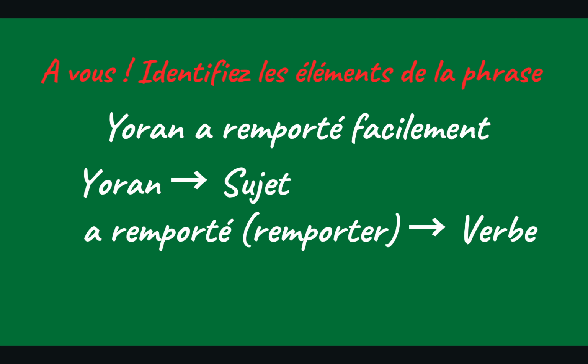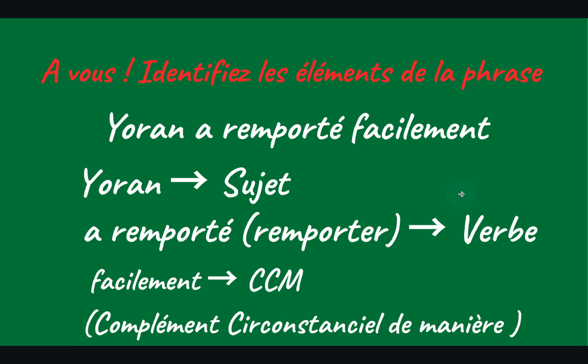But this adverb, what is it answering, facilement? It is answering the question how, comment. How does he win? Et facilement, it means easily. So it answers the question how.